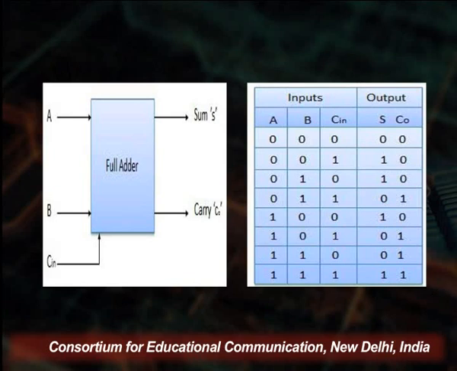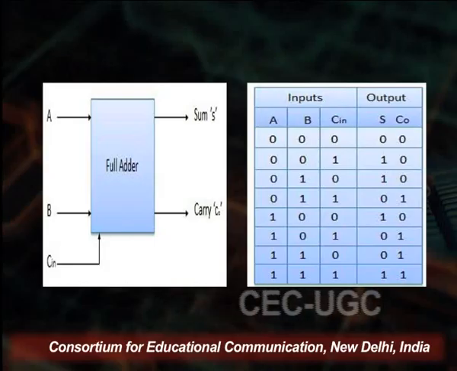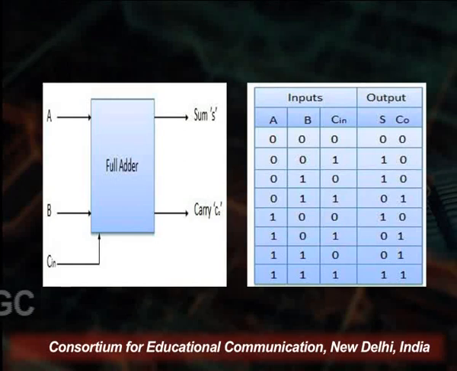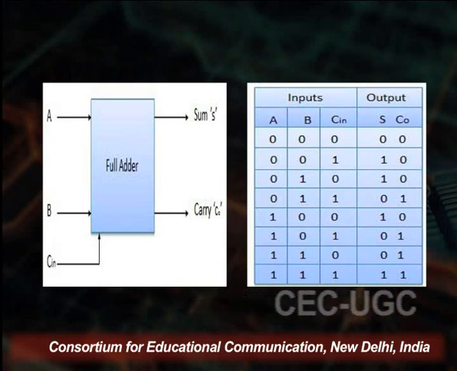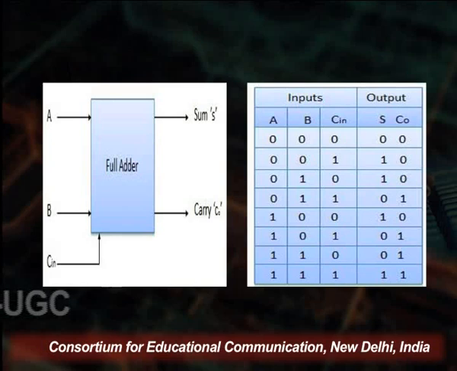And that's why in some cases we may have a third input as a carry, and in some cases we may not. So the circuit here shows A and B as your inputs and another C in, which is the third input, coming from the previous bit addition. The outputs that we will get will be a sum S and a carry C.